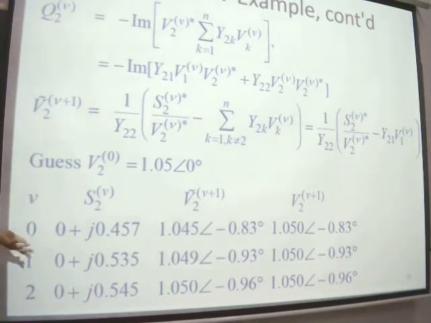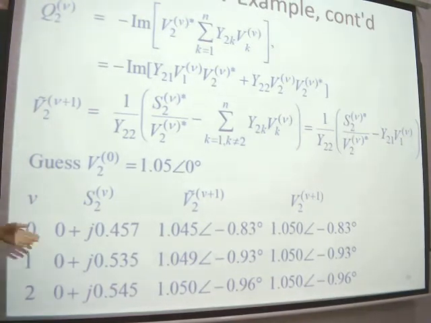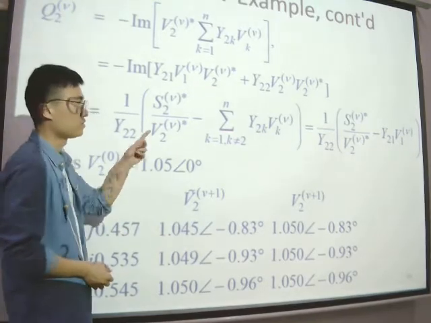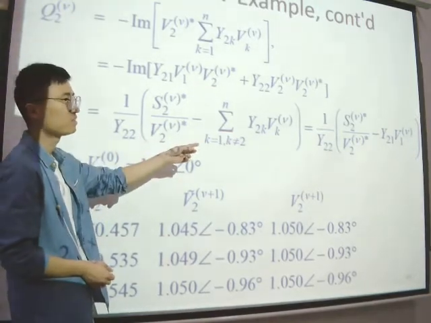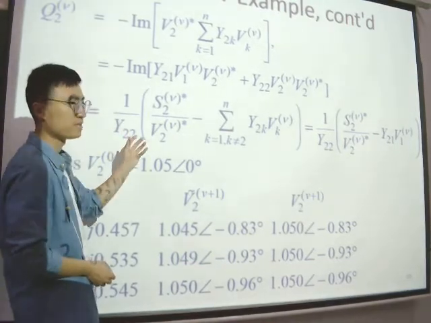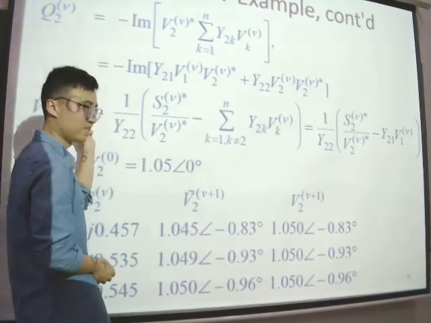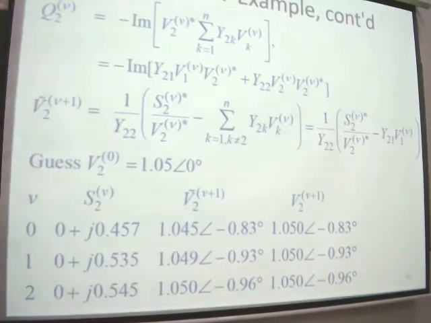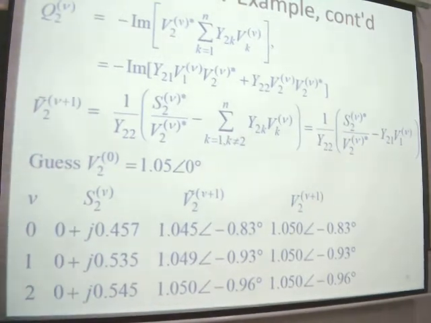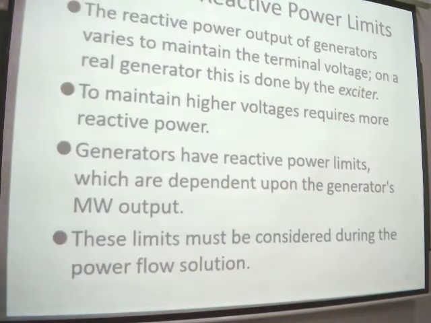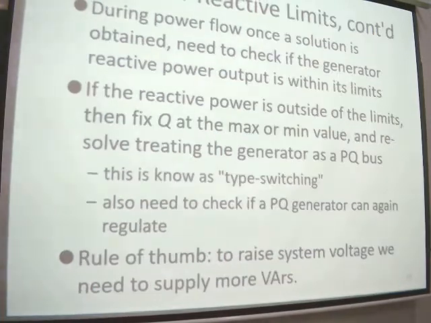So it makes sense that you put the first initial guess into this equation and input it to get the first update, then use the first update value as the next input to get the second update, then the third and the fourth, and here you stop the iteration. Then the generator reactive power limits.